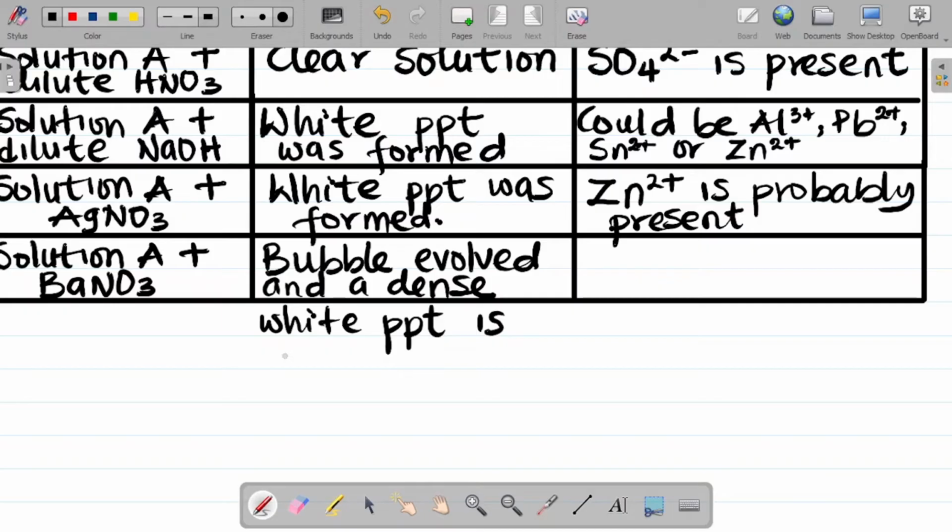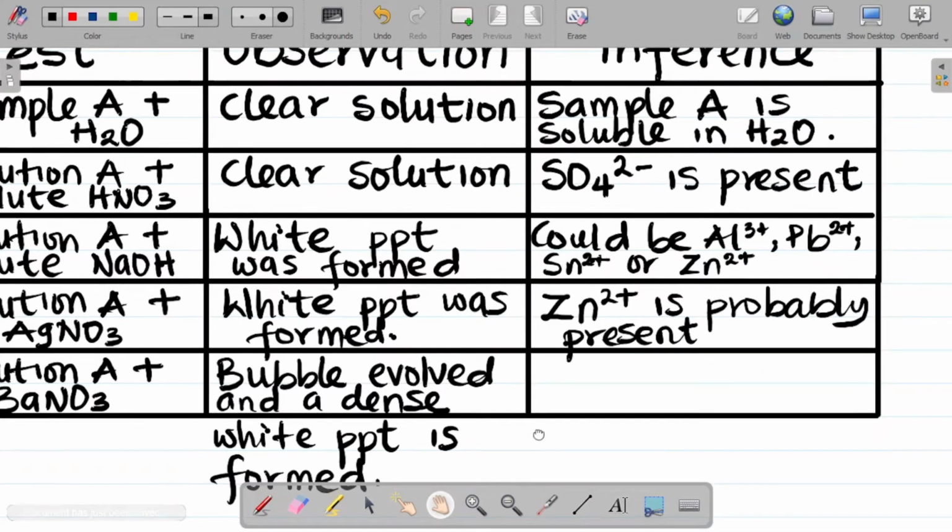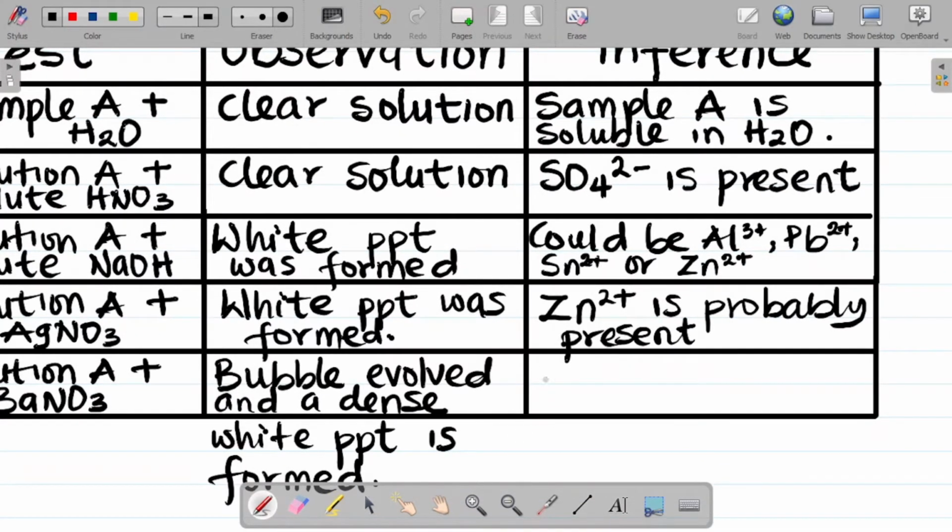So this was my observation. So what's my inference? If this happens, what is actually present here is a tetraoxosulfate ion. So this confirms that tetraoxosulfate 6 ion is present.